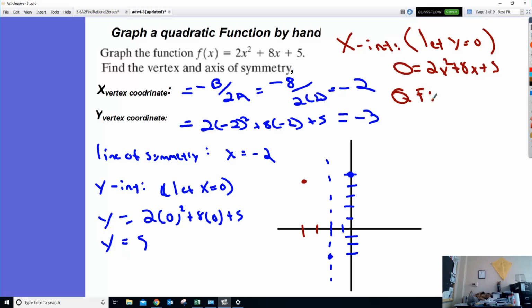Remember the quadratic formula? Right to me. Didn't say it, but it was right. We have -8 plus or minus square root of an 8 squared minus a 4 times a 2 times a 5, all sitting over twice a 2.